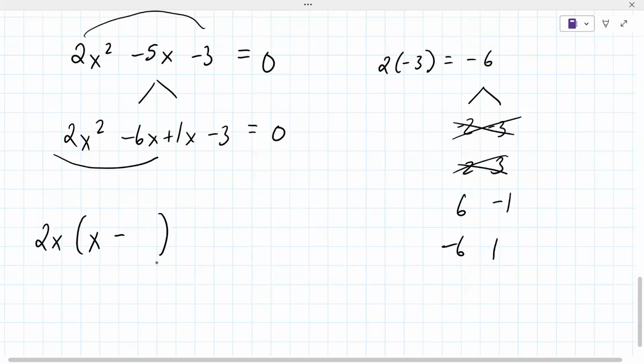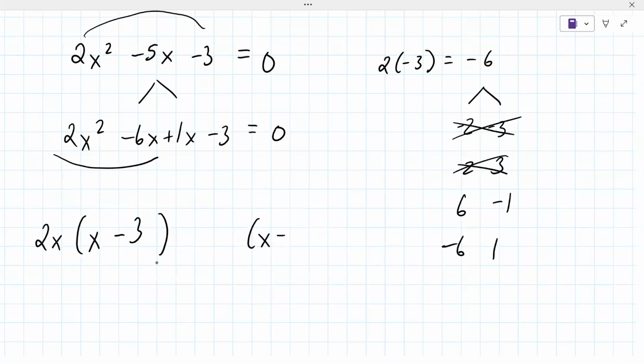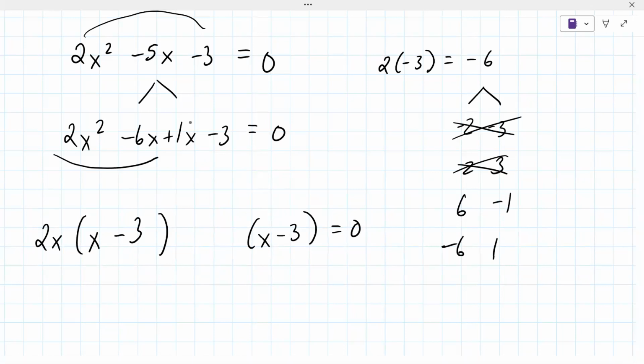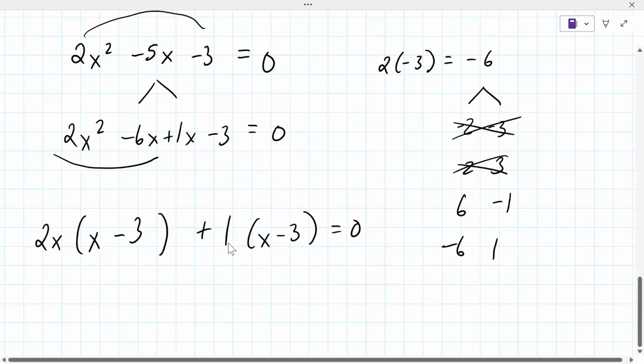Yes. Okay. Now you immediately write what's in parentheses over here to the right. And you have to figure out what goes here such that when you multiply in, you get back to the x minus 3. What would that be? The +1. +1, yeah. All right. And then it's really double factoring. Both of these have an x minus 3 in them.